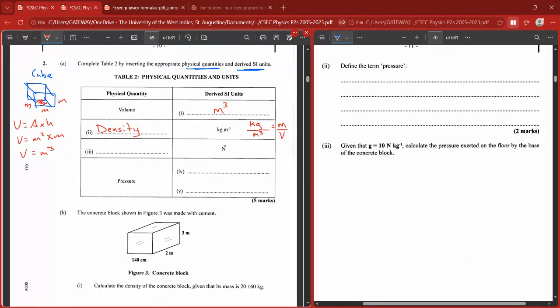Then you have the derived SI unit Newton. Well, we know Newton is the unit for force, right? Pressure. The derived unit for pressure is Pascal.